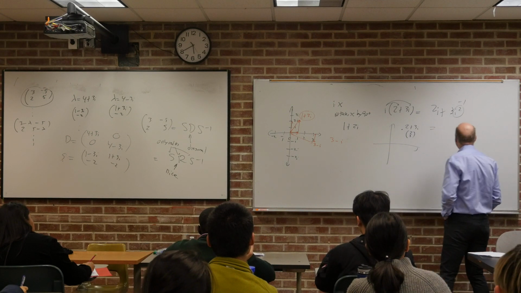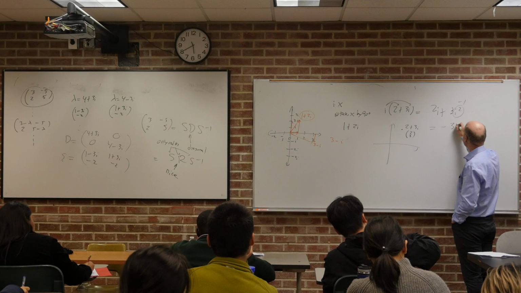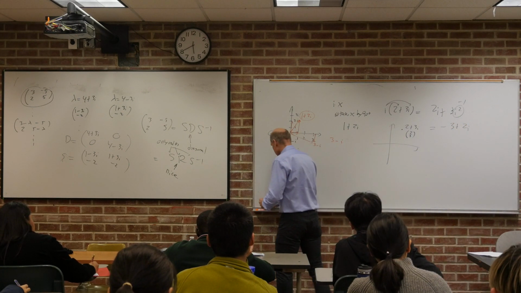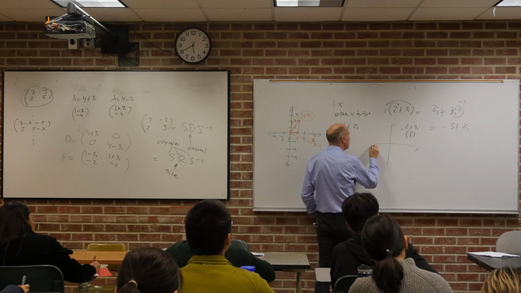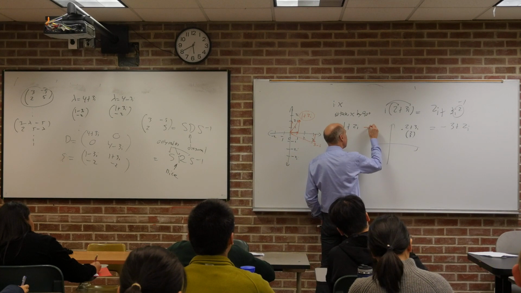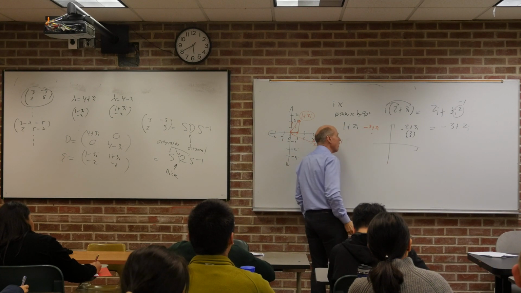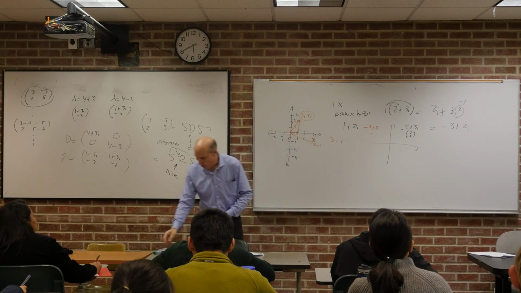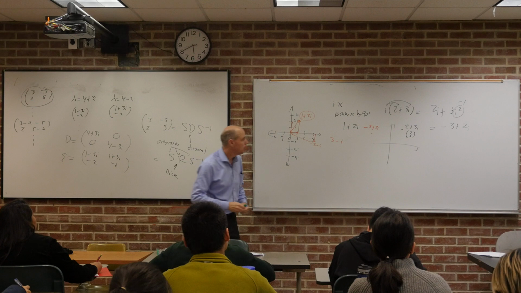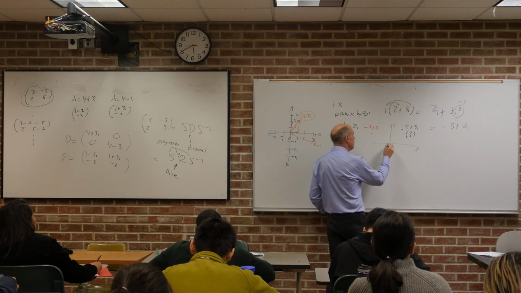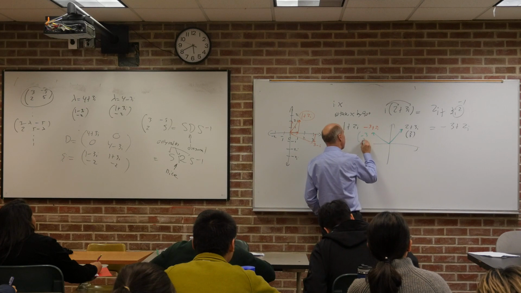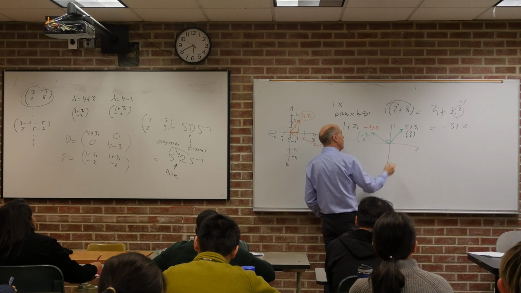And remember that i squared is negative 1, so that's negative 3 plus 2i. So negative 3 plus 2i is there. Let's draw this. As a vector, that's negative 3, 2.